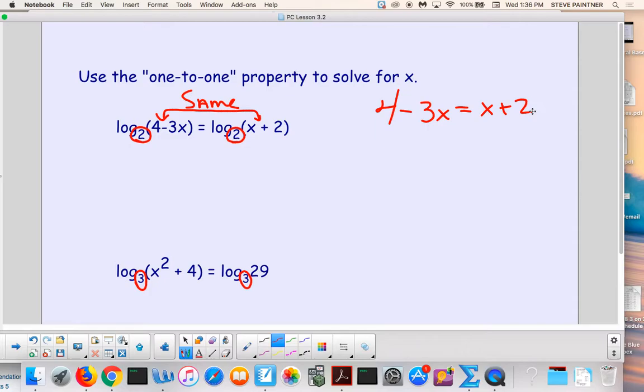If the bases are the same, then you know this number and this number have to be the same number. Set them equal, solve it.